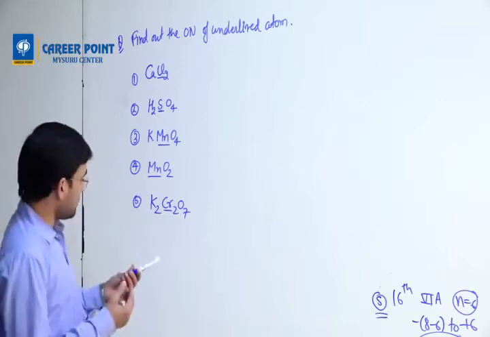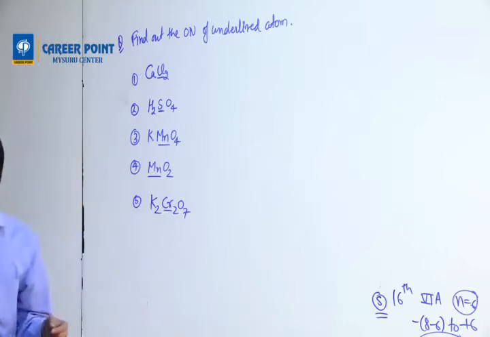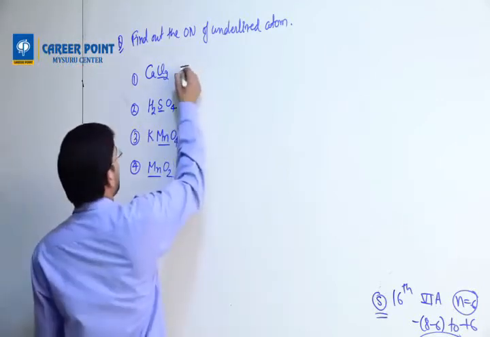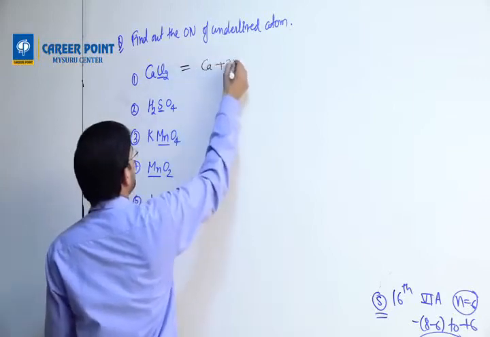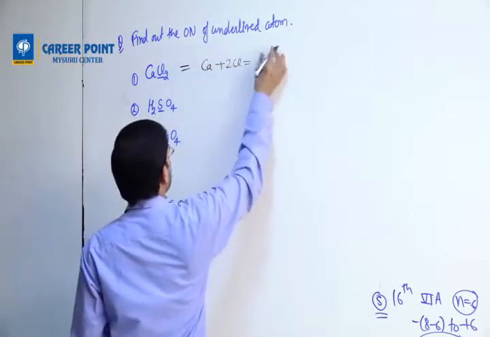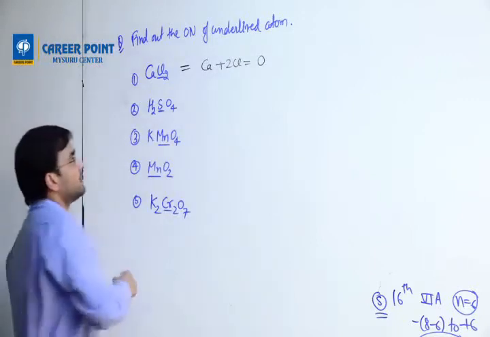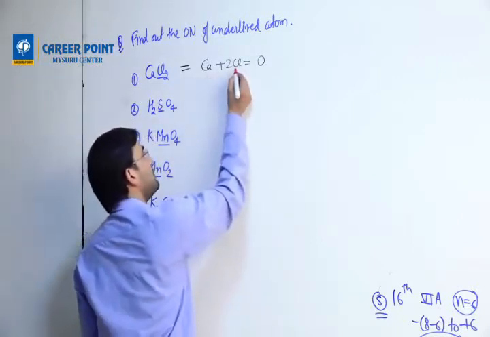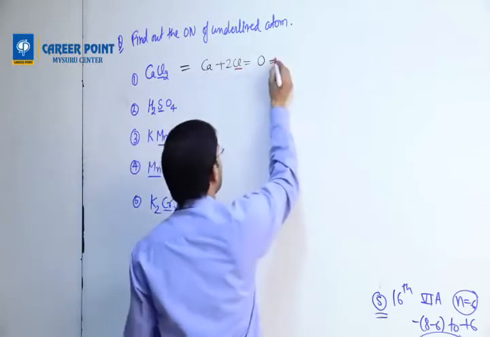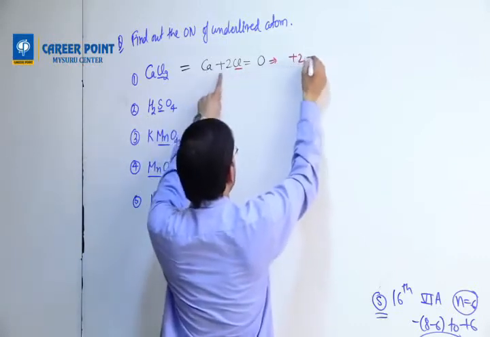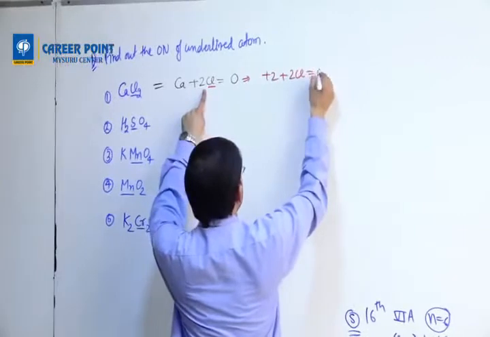Okay, so I'll also solve them. If you have doubts, you tell me. I will write it like this: Ca plus 2Cl equals 0. In this case, I want to find Cl, so I should know calcium. Calcium is plus 2, so plus 2 plus 2Cl equals 0.